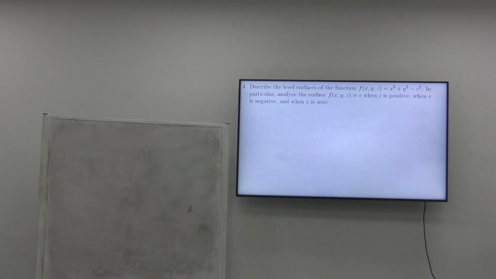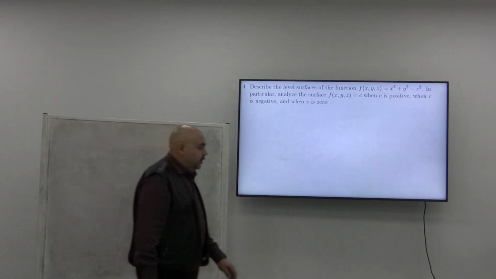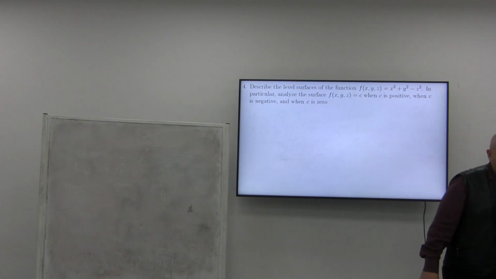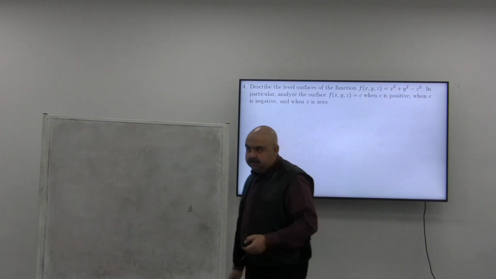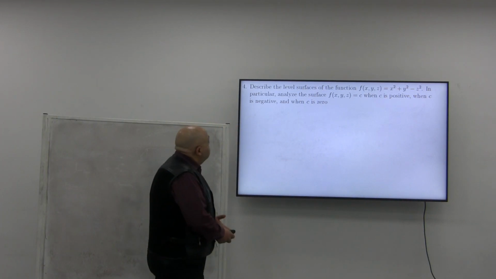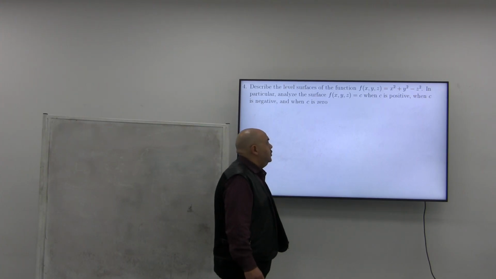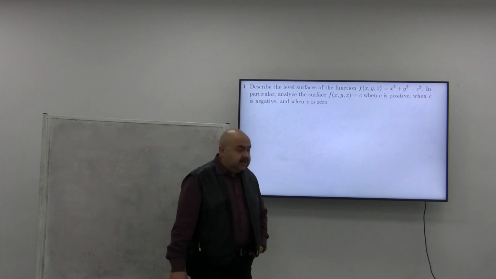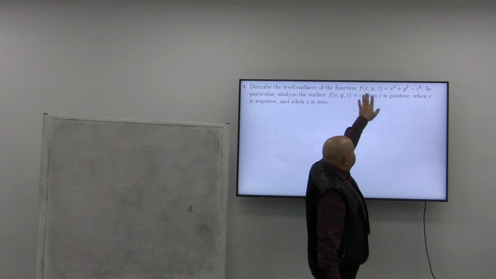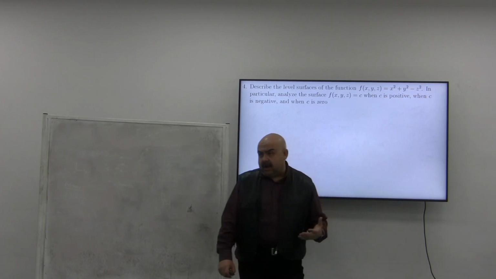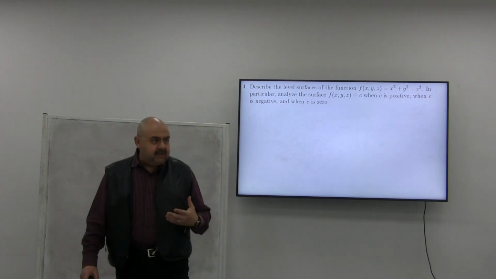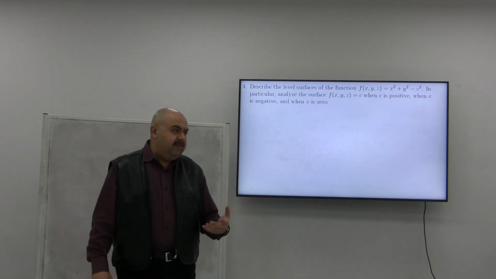I started taking this problem in the previous session, as I told you, but this is really a very important problem. In this problem, he's giving you a function x squared plus y squared minus z squared equal to f of x, y, and z, which describes a closed surface, maybe an ellipsoid or something like this.